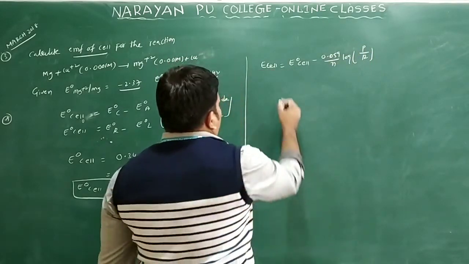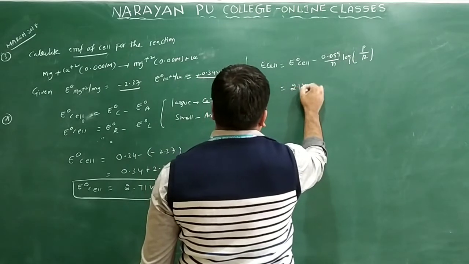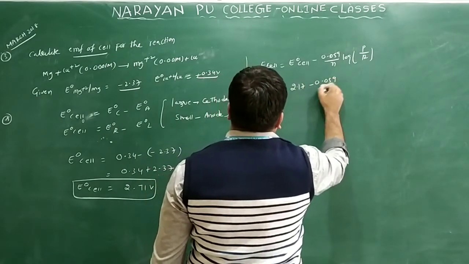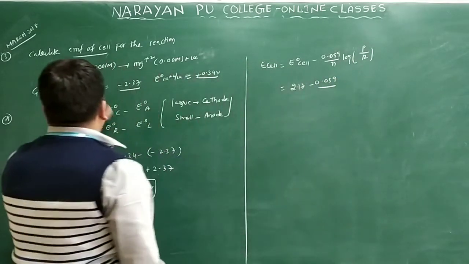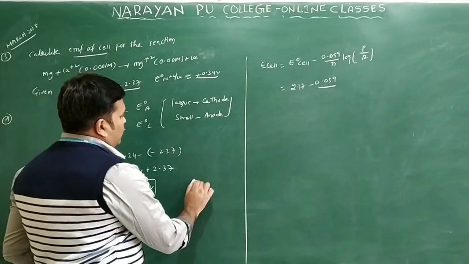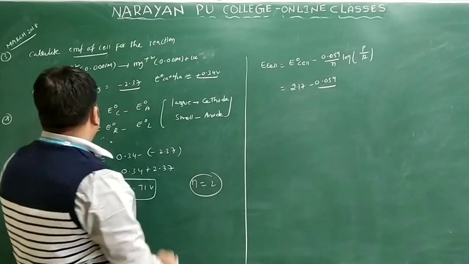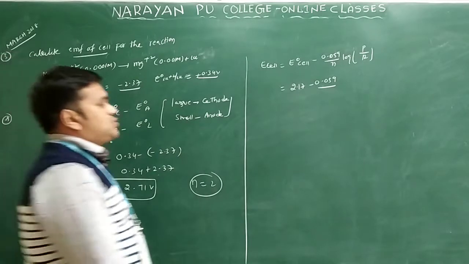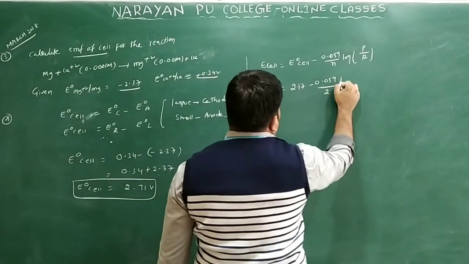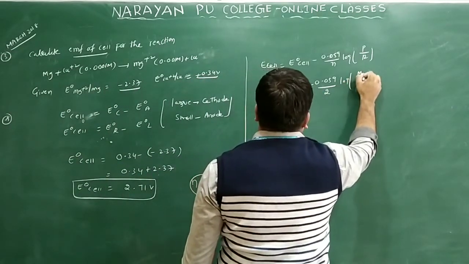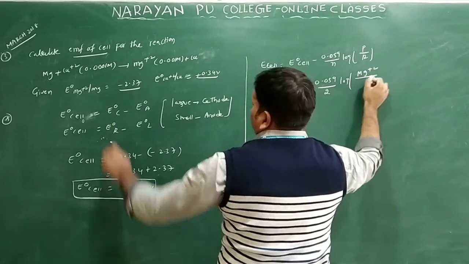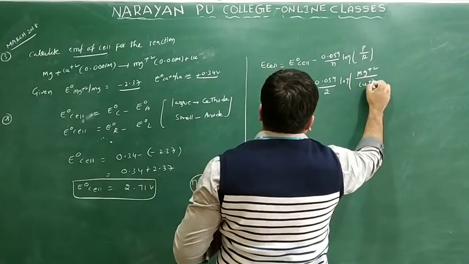What is the E naught cell value? This is 2.71 minus 0.059 by how much? Two electron change is there, so n is equal to 2, because Mg converts into Mg plus 2, into log of the concentration of Mg plus 2 by Cu plus 2.